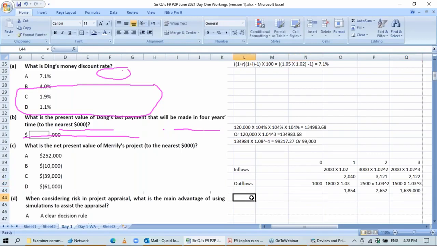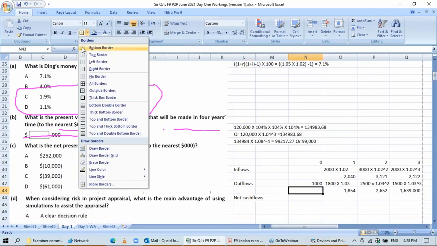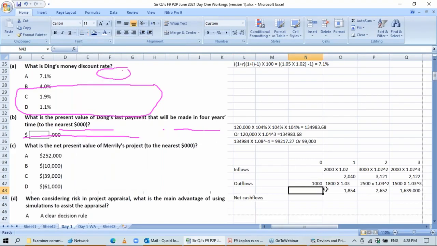Now, here we get the net cash flow. Net cash flow is receipts minus outflows, or inflows minus the outflows. Before moving on to the calculation of the net cash flows, I will be showing you the question again because some people have requested it.